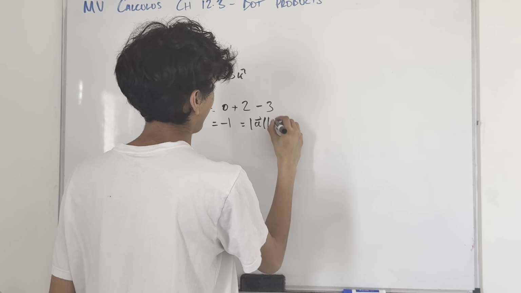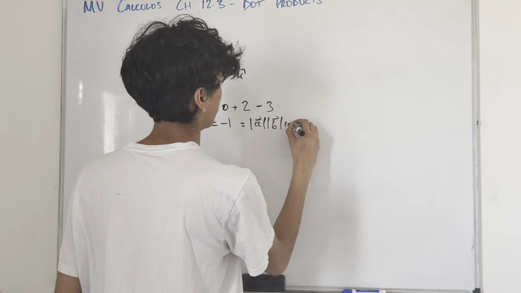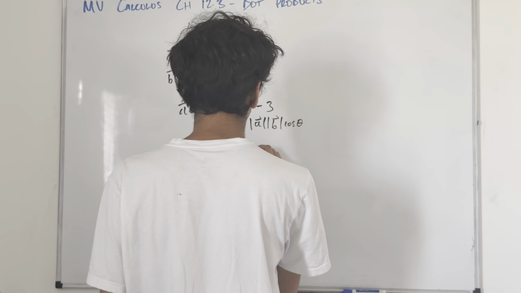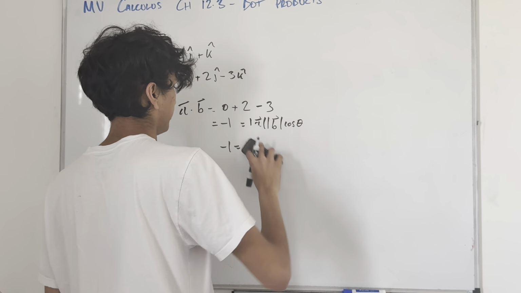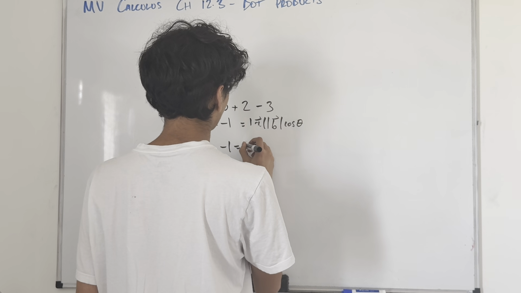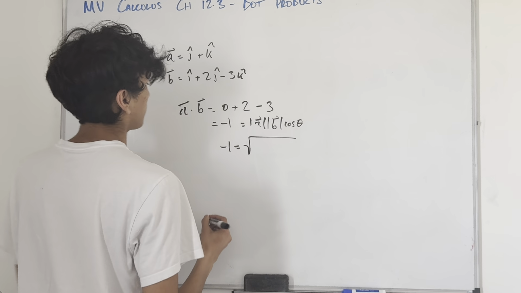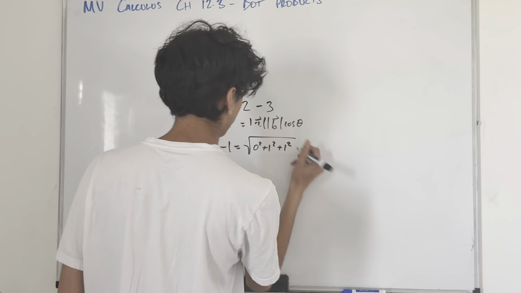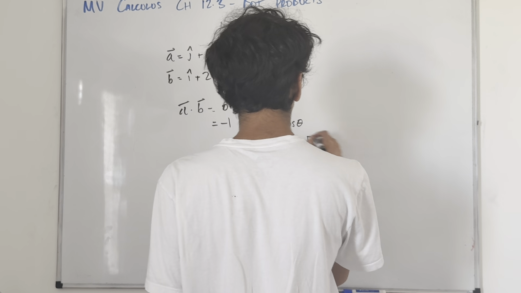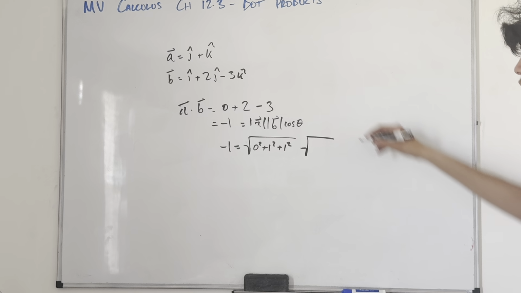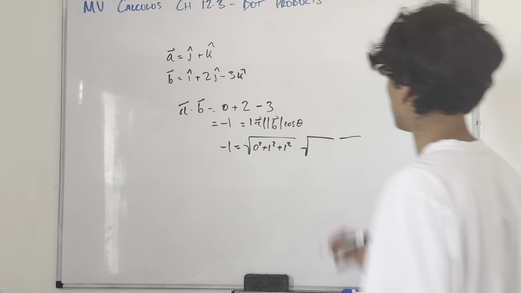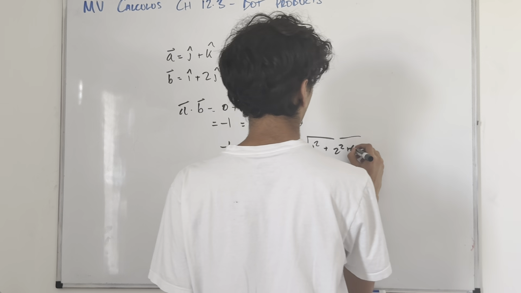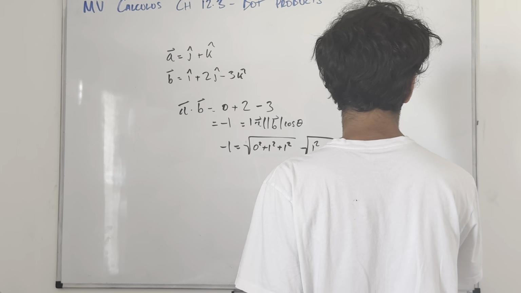And I know the dot product, based off that theorem, is equal to the magnitude of A times the magnitude of B cosine theta. So the magnitude of A is going to be a square root, so I can drop the absolute values. It's going to end up being the square root of 0 squared for the x component plus 1 squared plus 1 squared. Then I have the magnitude of b, so 1 squared plus 1 squared plus 2 squared plus negative 3 squared, times cosine theta.